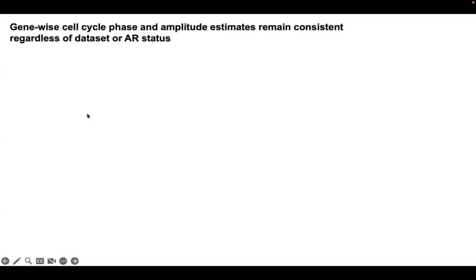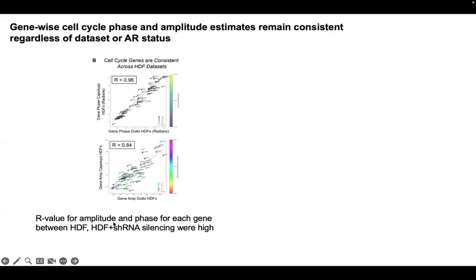So here is the result. The R values for the original HDF case and the HDF with injected shRNA silencing case, their cell cycle amplitude and phase, are very overlapped in this case because the R values are very high.